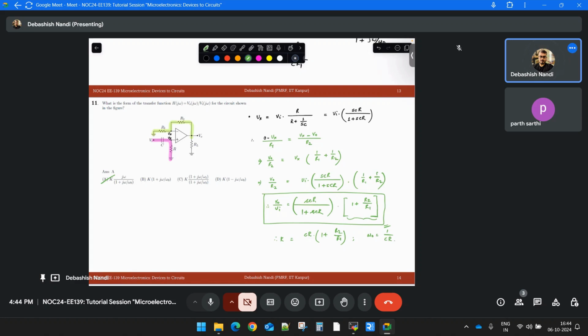Okay? You just need to put this as J omega. By the way, have you noticed that this is a non-inverting amplifier? It is similar to this configuration, right?